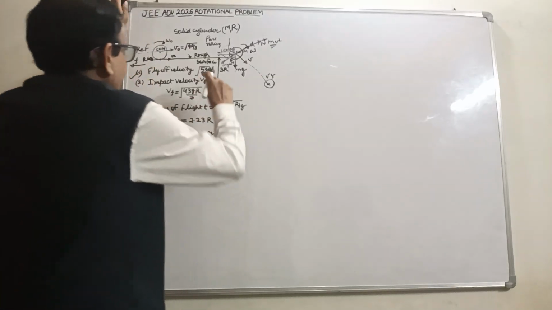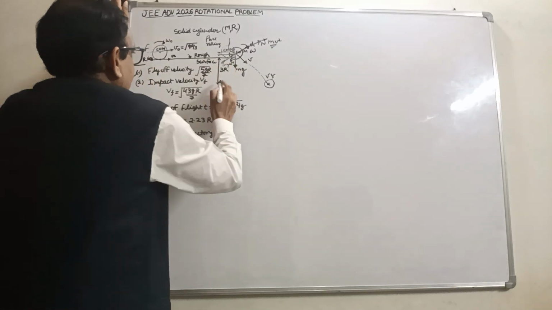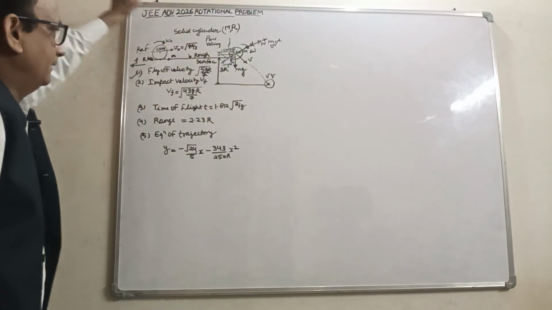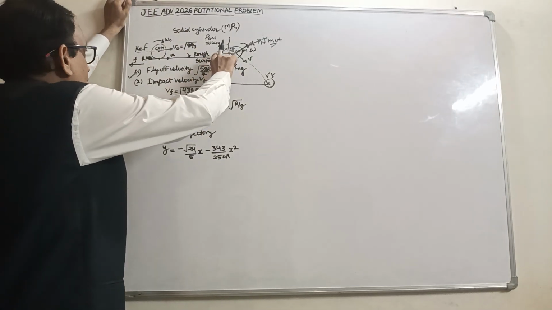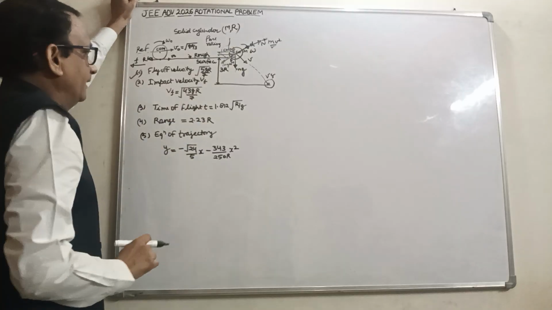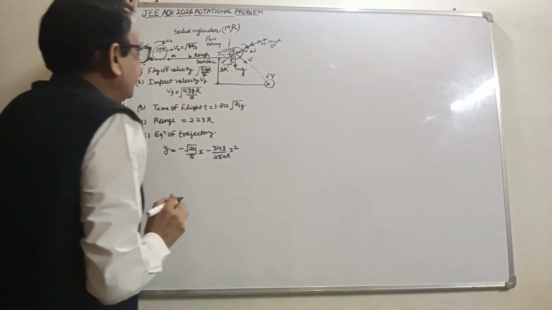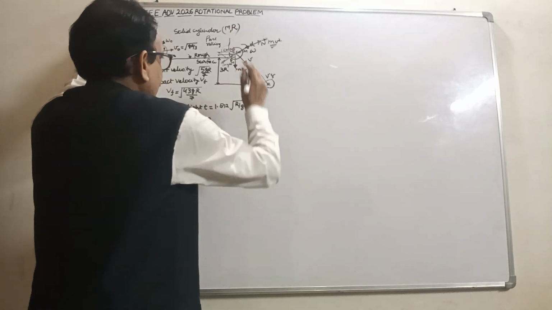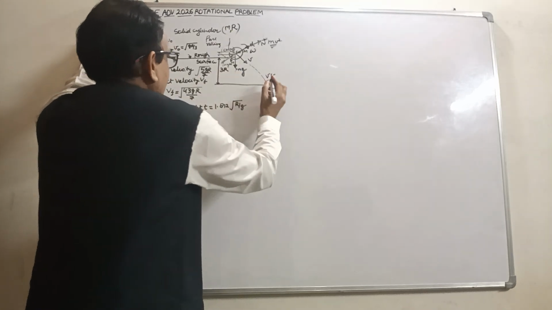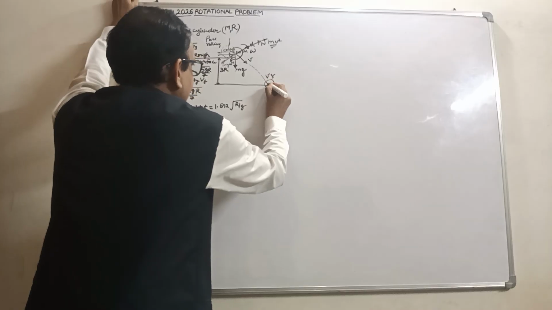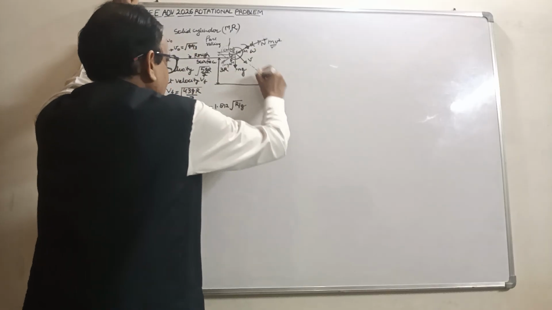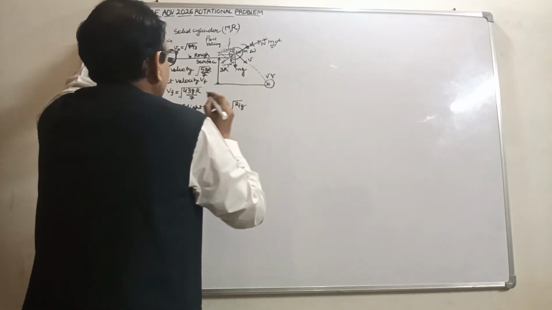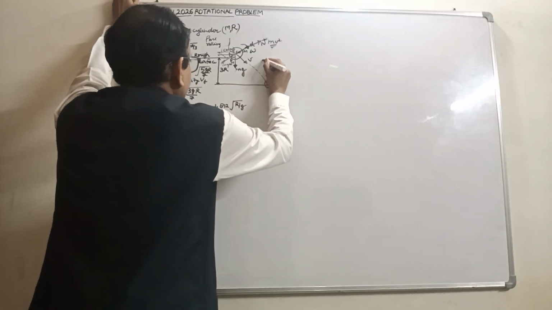Here we calculate, suppose this is the 3R height from the ground to this horizontal table. So this 3R height is given, and when this cylinder strikes the ground, we have to find the effective height, y effective.